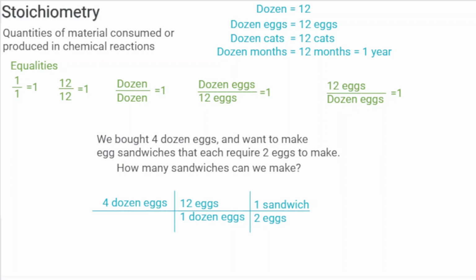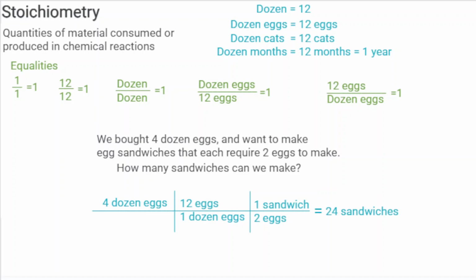Now if I'm looking at my units, we have dozens of eggs canceled out still. Our eggs are now canceled out, and we'll be left in units of sandwiches. So if we multiply everything on top, this 4 times 12 times 1, and divide by everything on bottom, so we'll divide by 1 and then we'll divide by 2, that will leave us with our answer of 24 sandwiches.